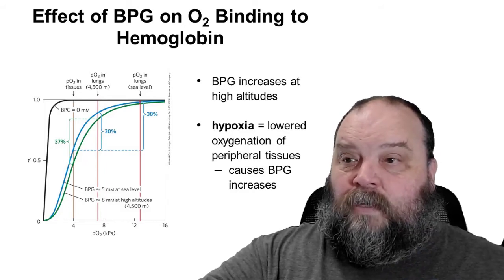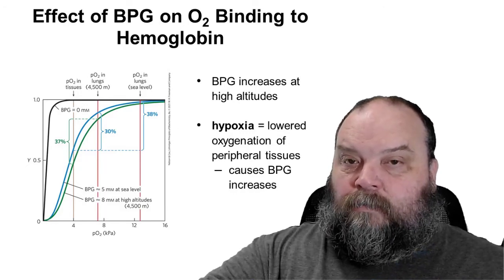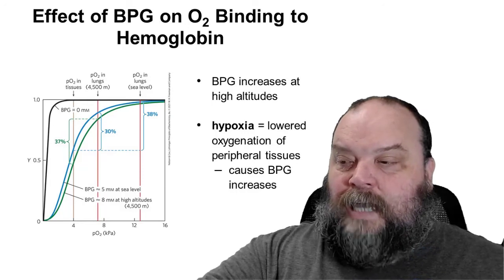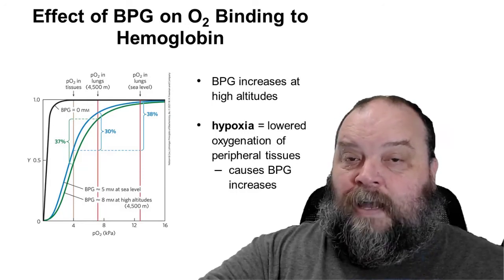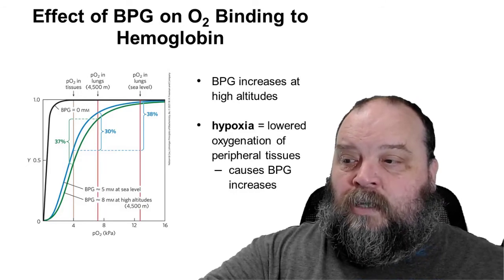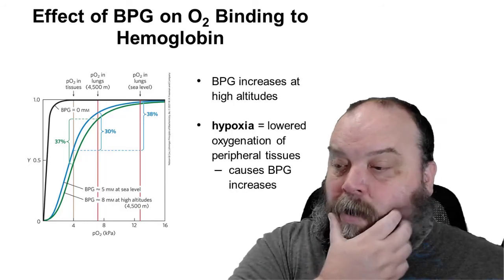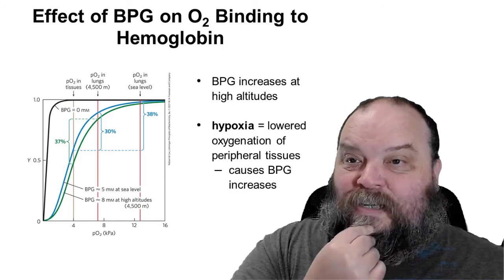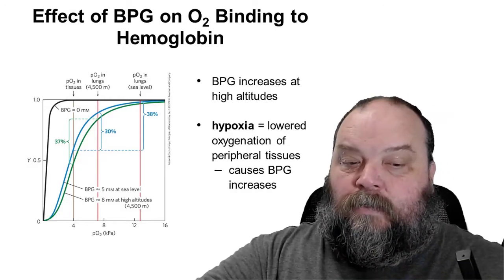The partial pressure needed to hit the Y50, 0.5, is actually 4 or 5 times greater as you increase bisphosphoglycerate. Things get much, much more difficult to maintain blood oxygen levels.